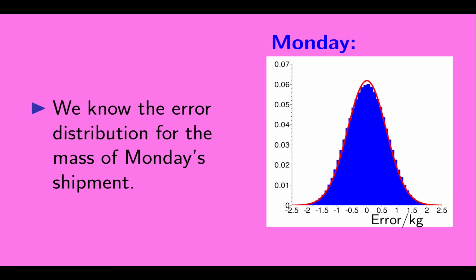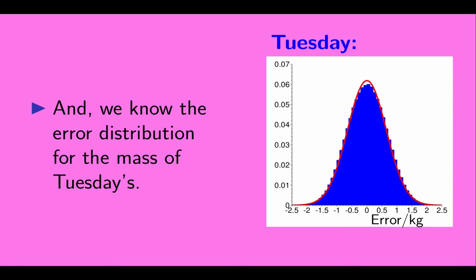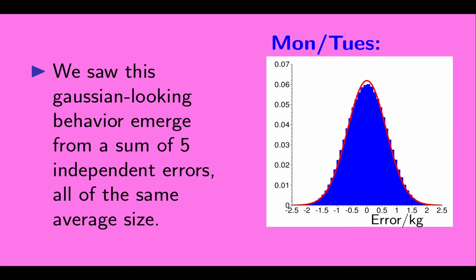From this perspective, there are n equals 2 sources of error. We know the error distribution for the mass of Monday's shipment. It was the nice, almost Gaussian-looking plot. And we know the error distribution for the mass of Tuesday's shipment. It's the same plot. We saw this Gaussian-looking behavior emerge from the sum of 5 independent errors, all of the same average size.